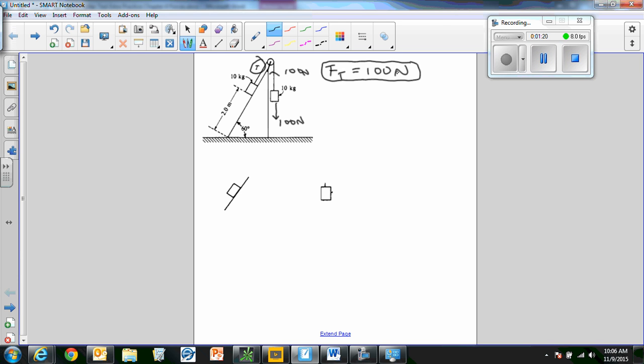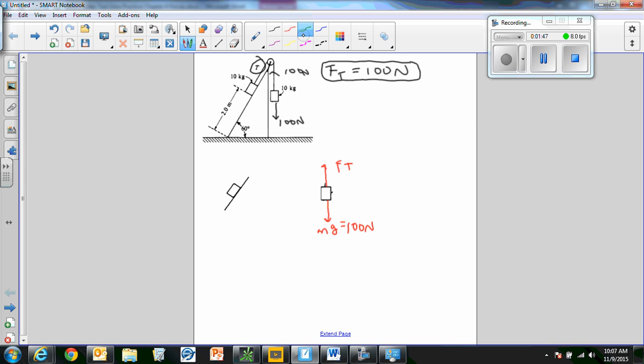On the diagram below, draw and label all the forces acting on the box that is on the plane. I think I have 2 boxes on there, I decided to have you do both. So I've got an upward tension and a downward force of gravity or weight, which in this case is 100 newtons.